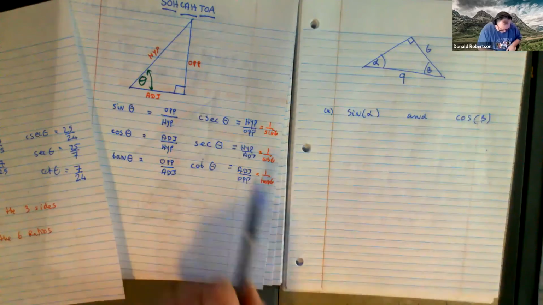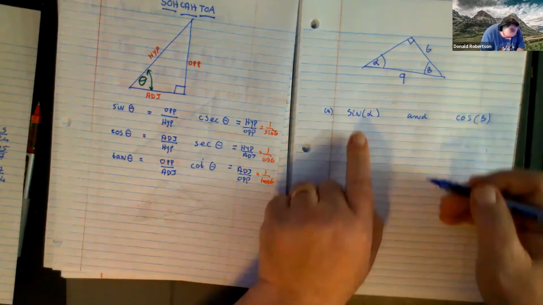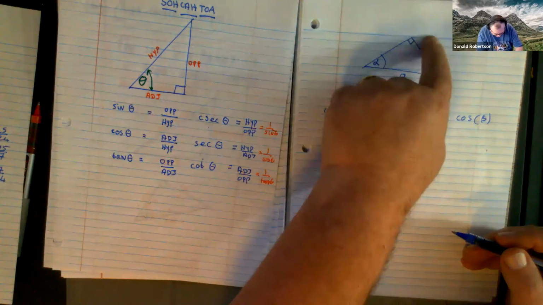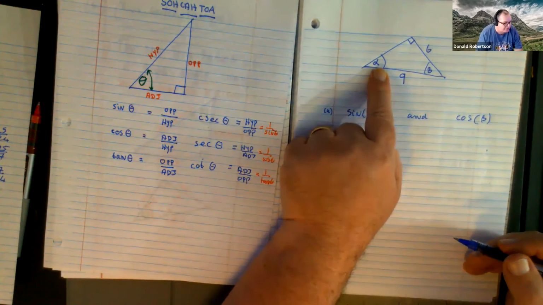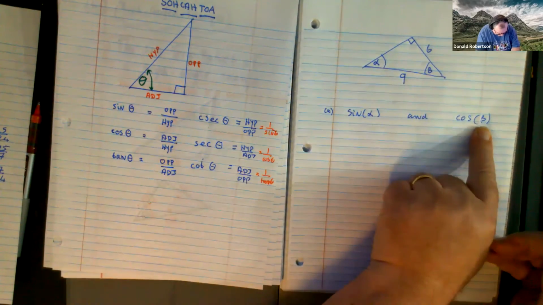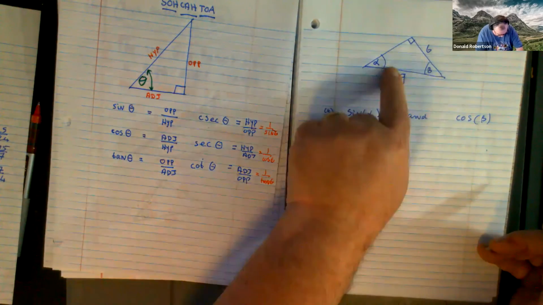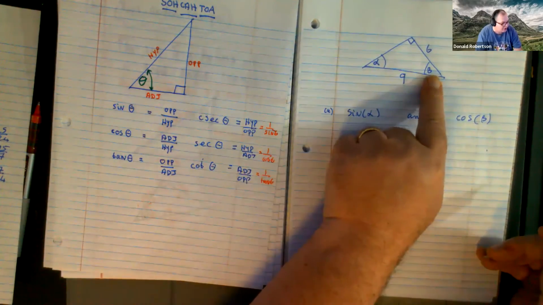Now, what this question does is it shows you that the angle of interest does have an effect on the answer, right? It does make a difference. So if I'm going to find the sine of alpha, don't I need to name these 3 sides according to what angle alpha is? But when I want to get the cosine of beta, don't I have to name these 3 sides according to what angle beta is?